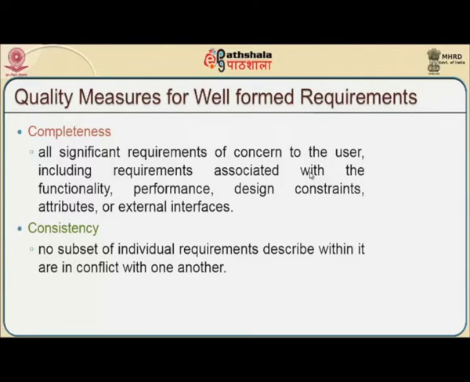So what is the system supposed to do, or what type of functionality is the system supposed to provide? Is it providing the same functionality that it was initially proposed with? If yes, then it becomes complete. If the system is performing as was proposed initially, then it is yes.